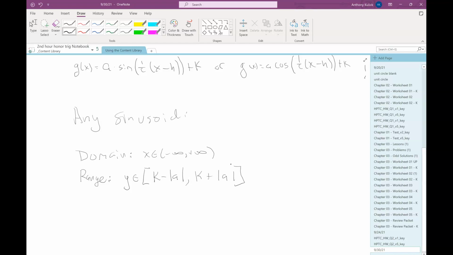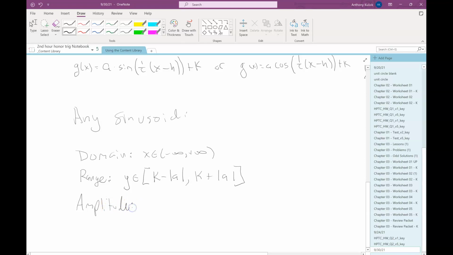The maximum was +1, we multiply by A and add K. And we're going to put the absolute values around the A just in case the A was negative, right? That's not going to affect the maxes and mins. It'll just switch which one was which, but that doesn't really matter. Okay.